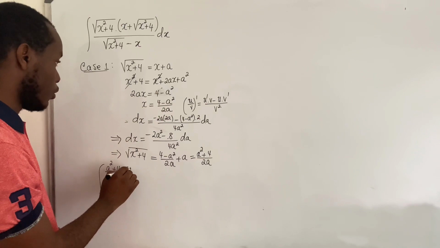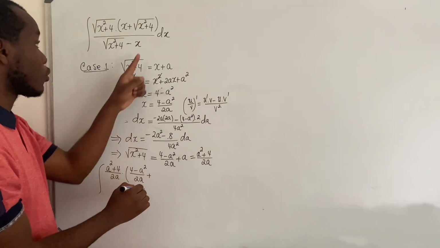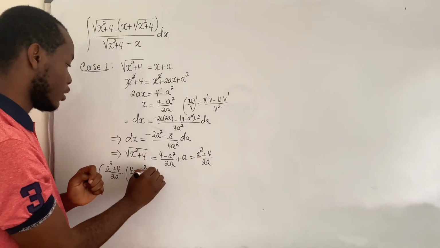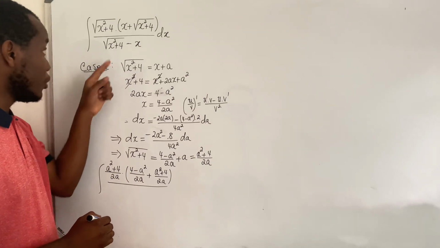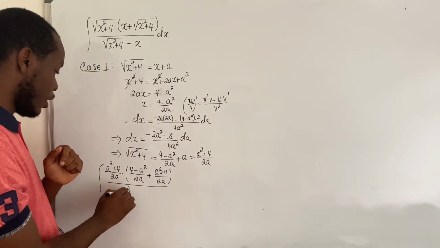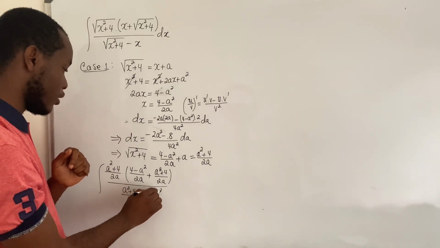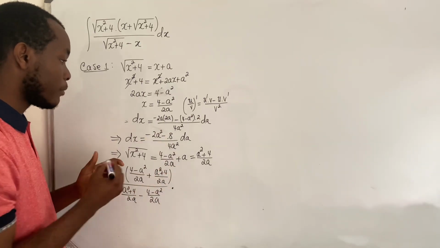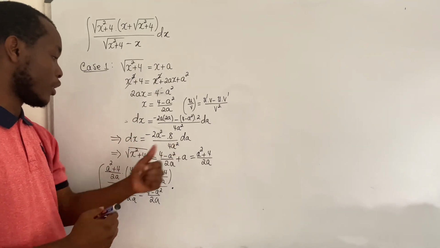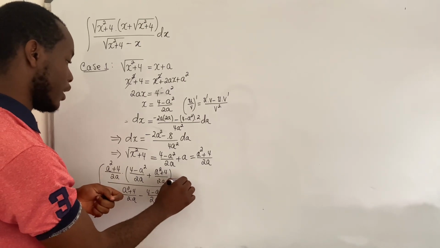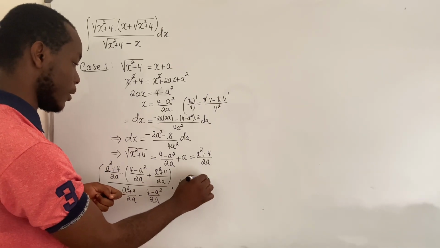It is this expression here, 4 minus a squared over 2a, plus the square root of x squared plus 4, which is a squared plus 4 over 2a, over, again the square root of this expression, a squared plus 4 over 2a, minus x, the value of x, which is 4 minus a squared over 2a, times dx, and the value of dx we found is this expression here, minus 2a squared minus 8 over 4a squared dA.